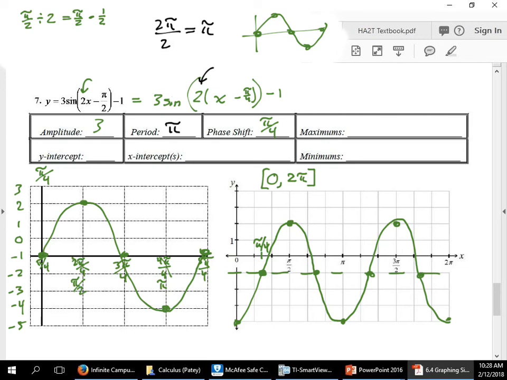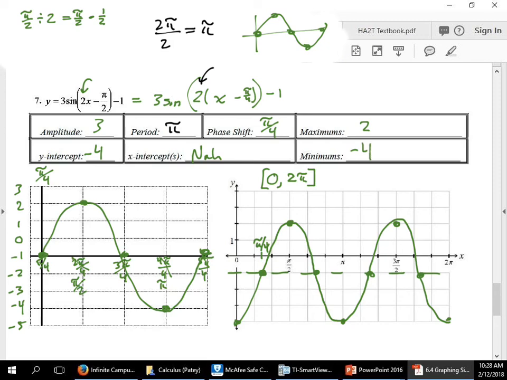Then we got our y-intercept. What's our y-intercept? It is -4. And our x-intercepts, that's too hard. Our max is going to be 2, and the minimum is going to be -4.